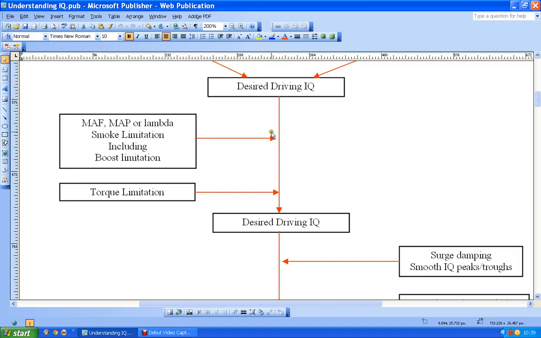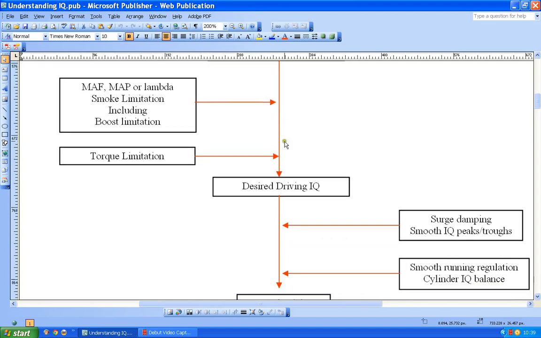This might well have knocked it down to 70 milligrams of fuel by making the decision that there's not enough air for 80. And when we get to here, the torque limiter might have knocked it down to 60 milligrams of fuel, working on the assumption that we were asking too much from the torque.